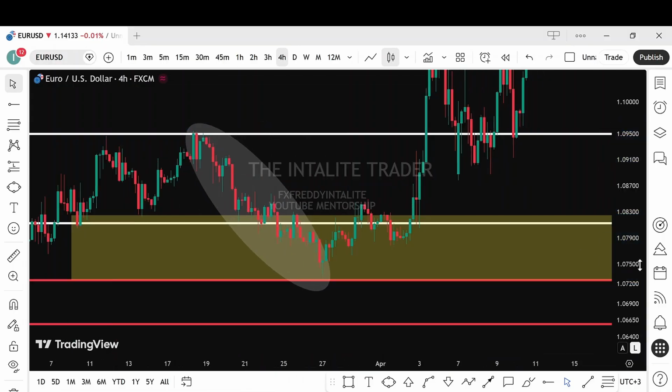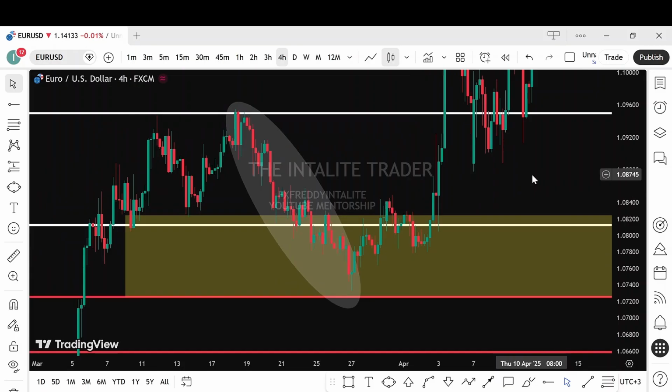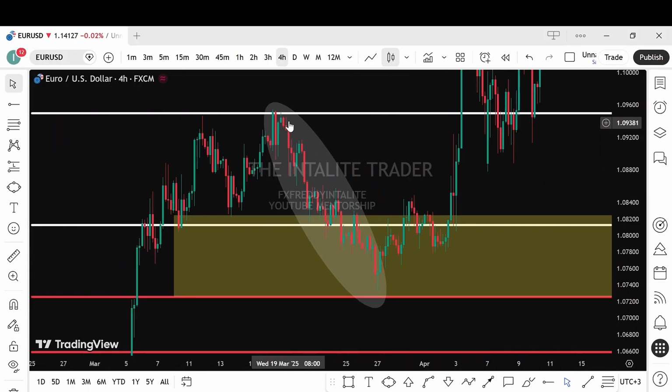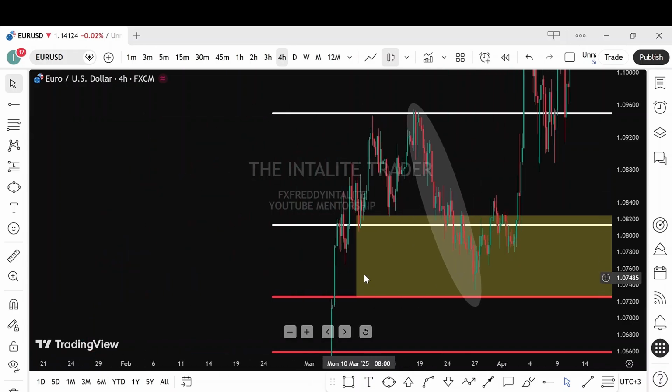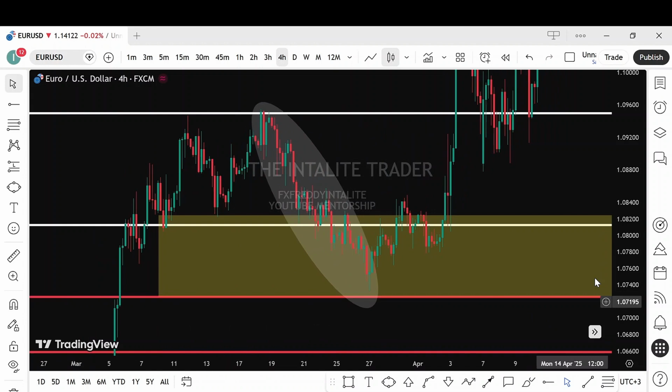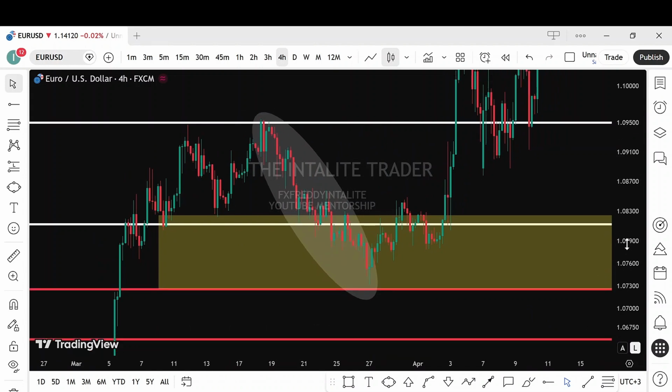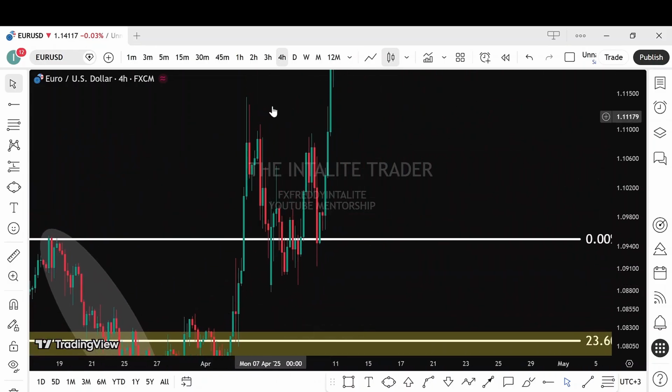You see, if you remember internal structure. Now this is a pullback. Are you seeing how strong it is? The trend has not changed, but price is just pulling back. So in your mind, you know what is happening on the higher time frame. So once the market has priced itself, it continues higher.